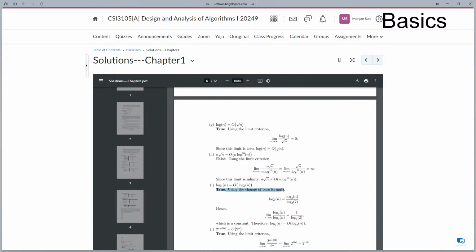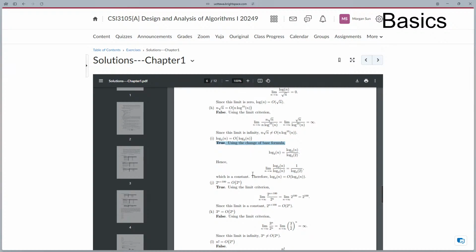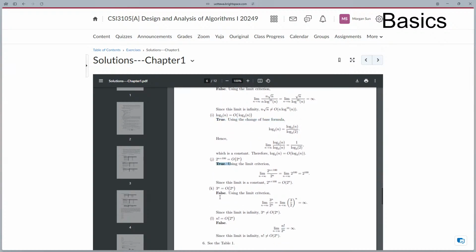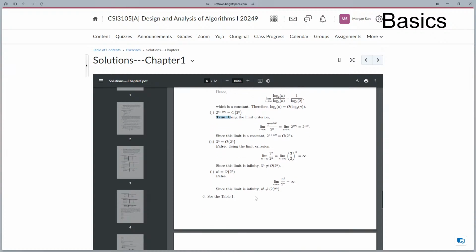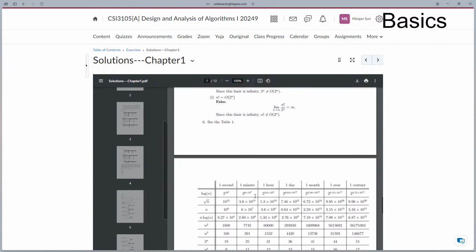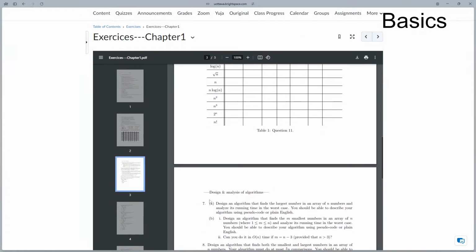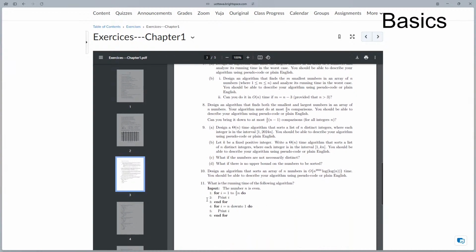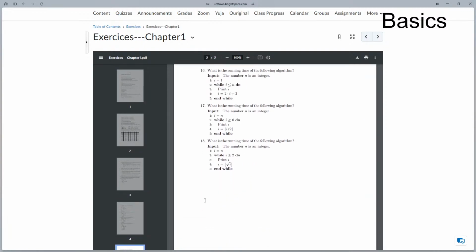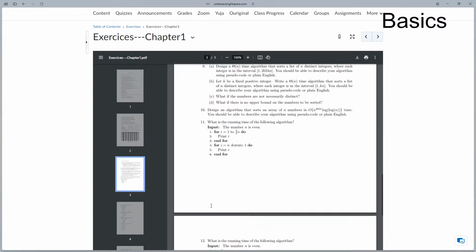And then this is true because base 3 is bigger, or even that too. Then this is true, false, false. Okay, that's cool. And then this is just asking for the running time. Okay.